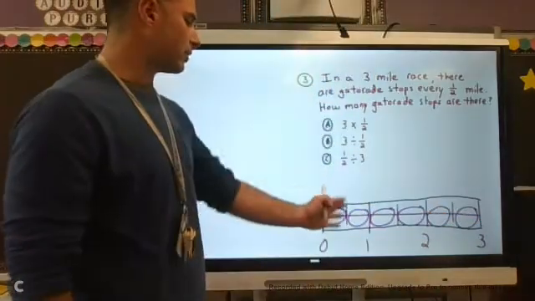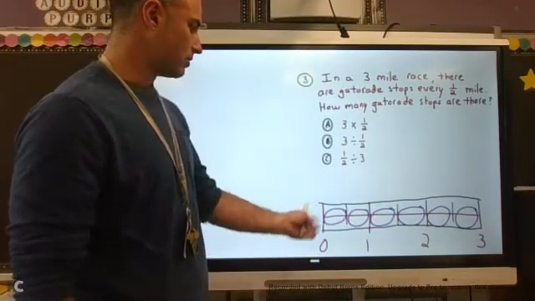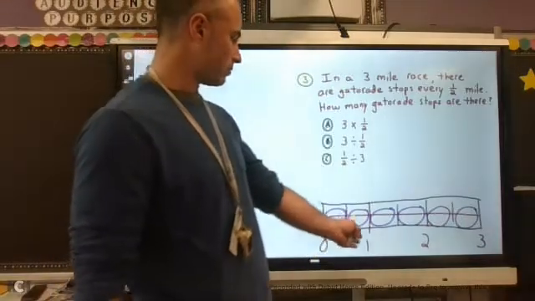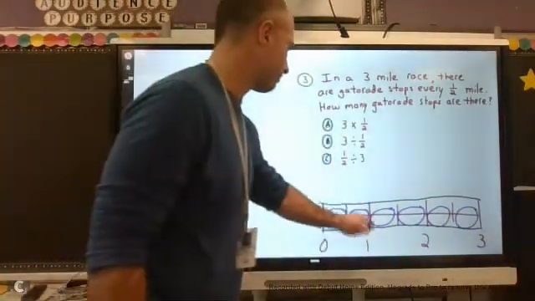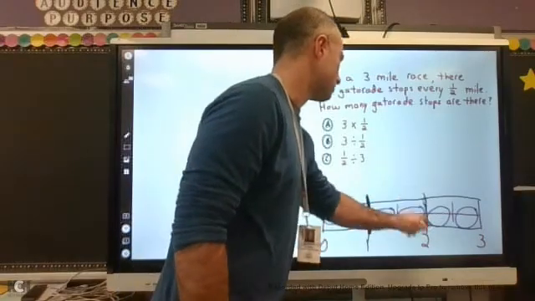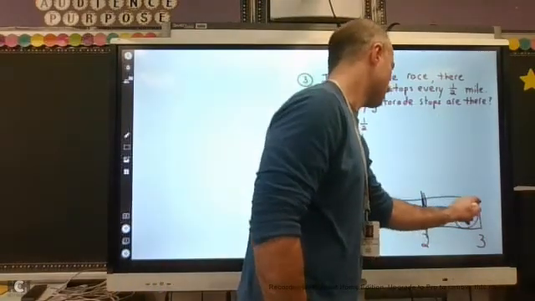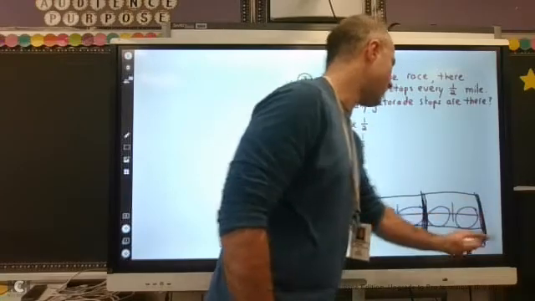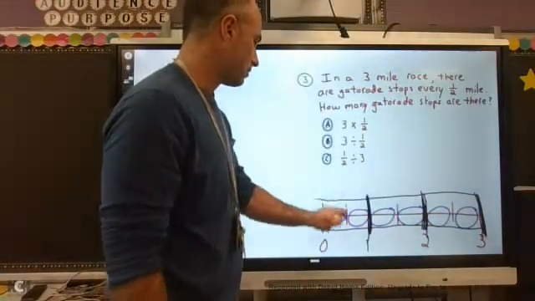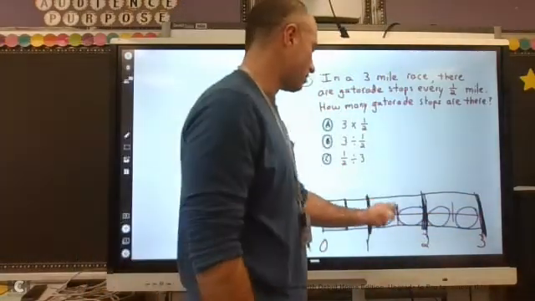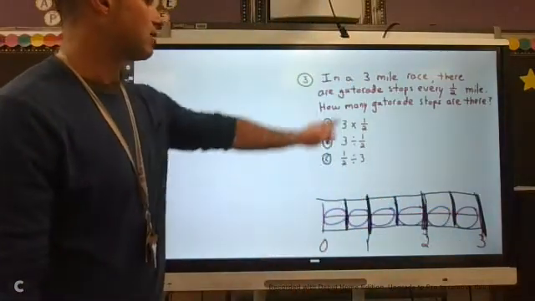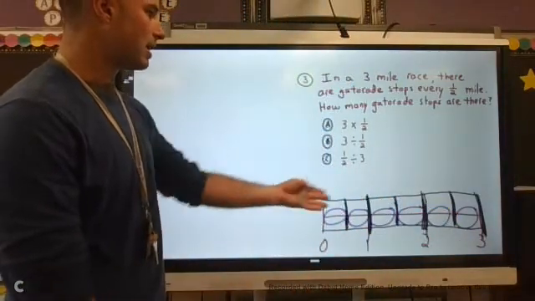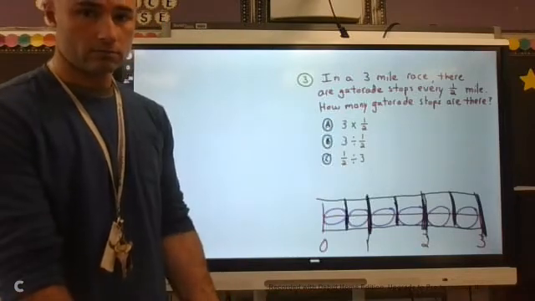I numbered it from 0 to 3: 0 miles, 1 mile, 2 miles, 3 miles. Then I broke them up, but every half mile there is a water stop. I'm sorry, a Gatorade stop. How many Gatorade stops are there?